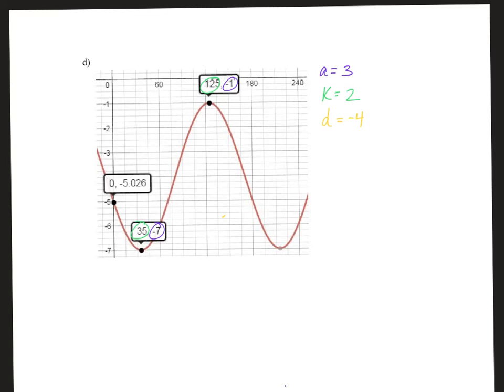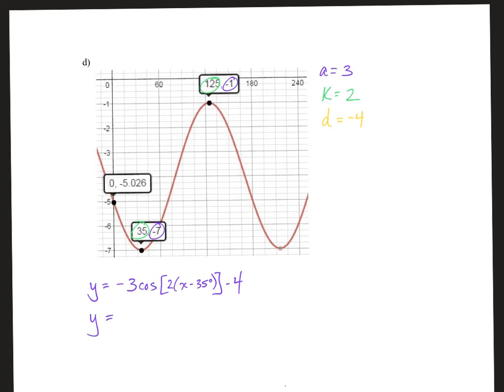So to build my cosine graph, maybe I deal with my negative cosine graph, because again, I view it as physical work. So I would want to deal with a negative cosine curve, because then that would allow me to only have to do a phase shift of 35 degrees to the right. That would be my first equation.